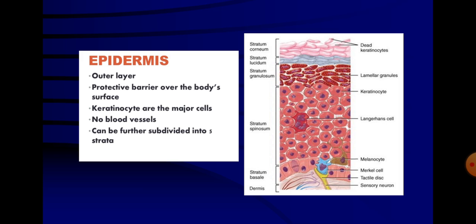Keratinocytes produce keratin protein, a fibrous protein that helps to protect the epidermis. Because there is no blood supply, the cells slowly start dying.